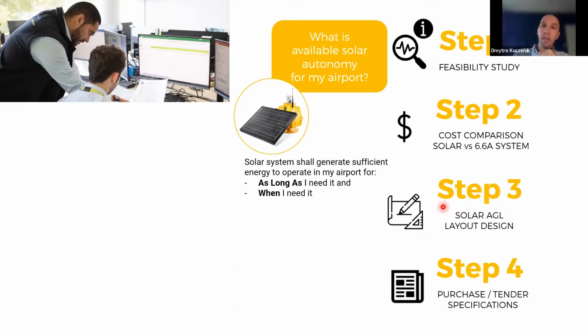After all this is agreed, we also provide the designer with a package of ready to be used purchase specifications, so the airport can make a procurement of equipment that has been specified during the layout design phase.